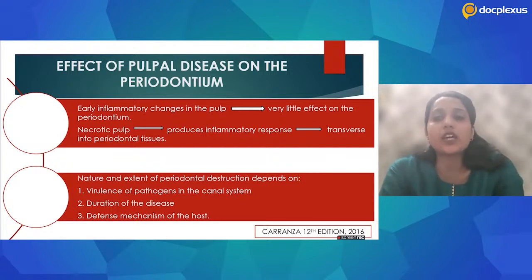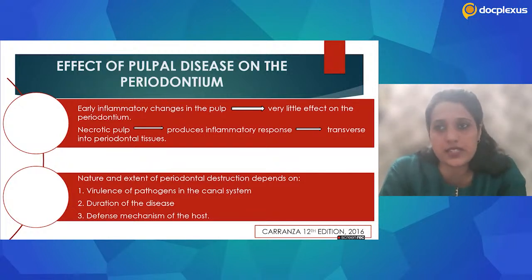So we'll just see. In early cases, when there are very little inflammatory changes in the pulp, there is very little effect, or a lesser effect, seen in the periodontium, which can be reversed. But when the inflammation has exceeded too much, when the pulp has become necrotic, it will produce inflammatory responses and inflammatory cells, and there will be a process into the periodontal tissue, which will show on radiograph, maybe in the form of a lesion, or maybe in the form of apical periodontal ligament thickening, or lamina dura changes.